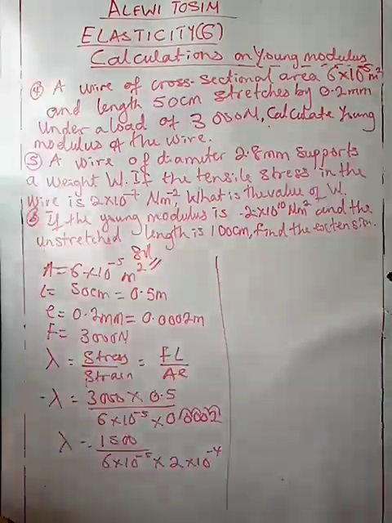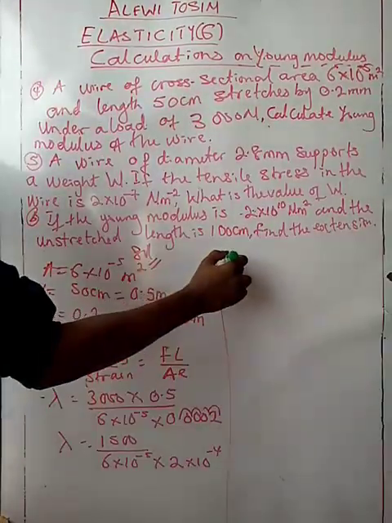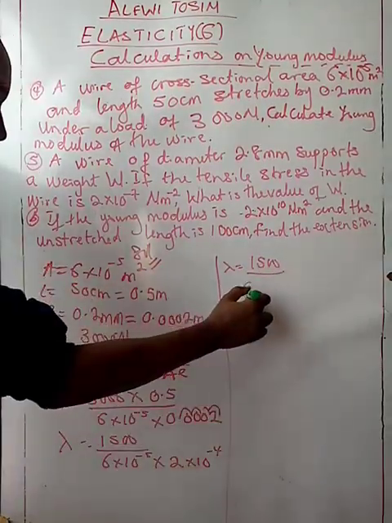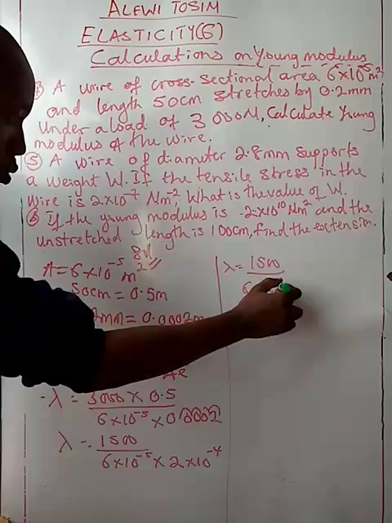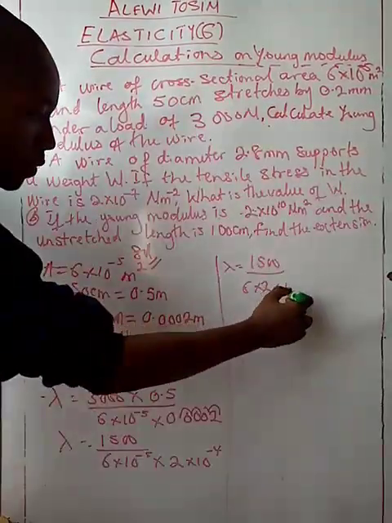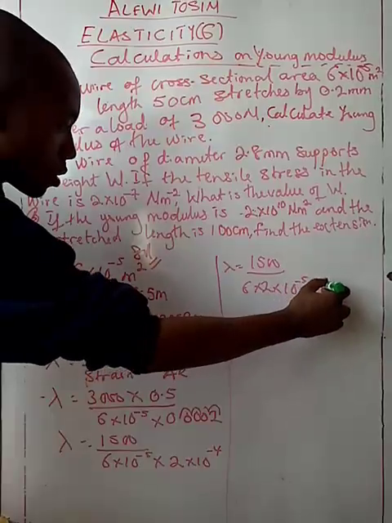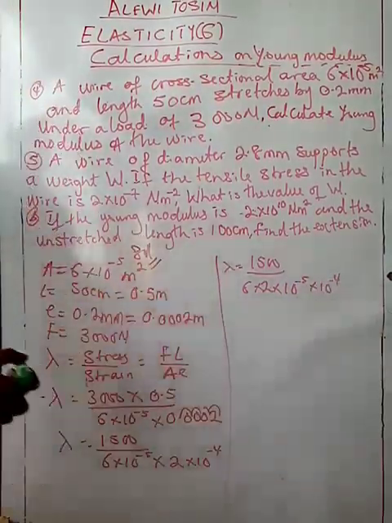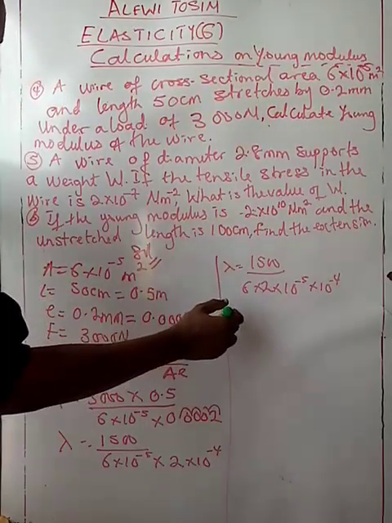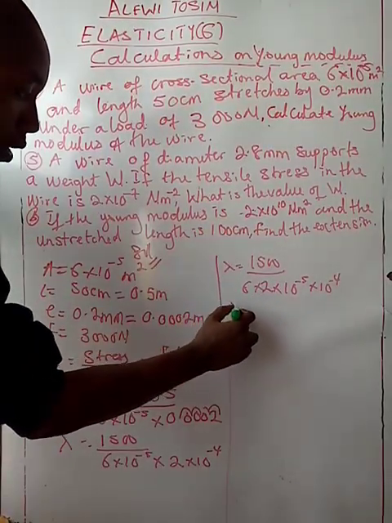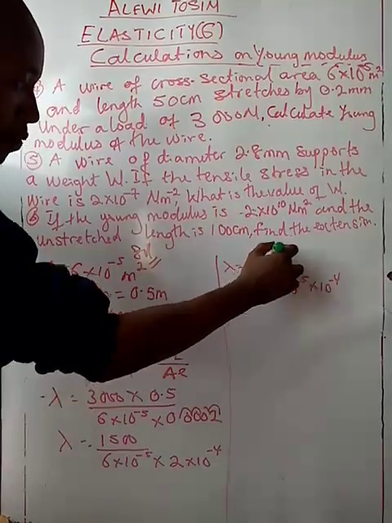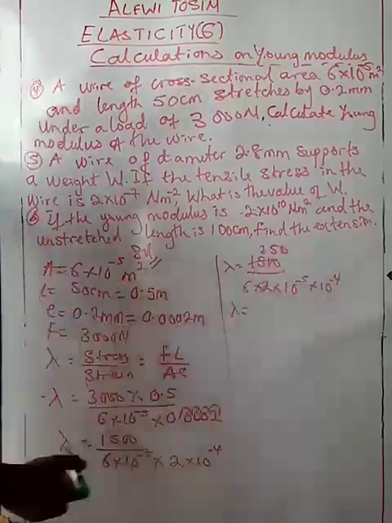Now our Young modulus will be 1500 over 6 times 2, then 10 raised to power minus 5 times 10 raised to power minus 4. That will obey the law of indices. So 1500 over 2 gives us 750.